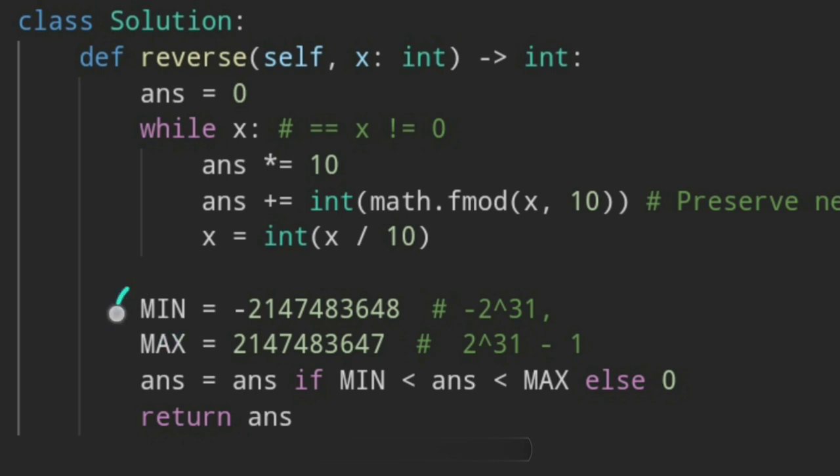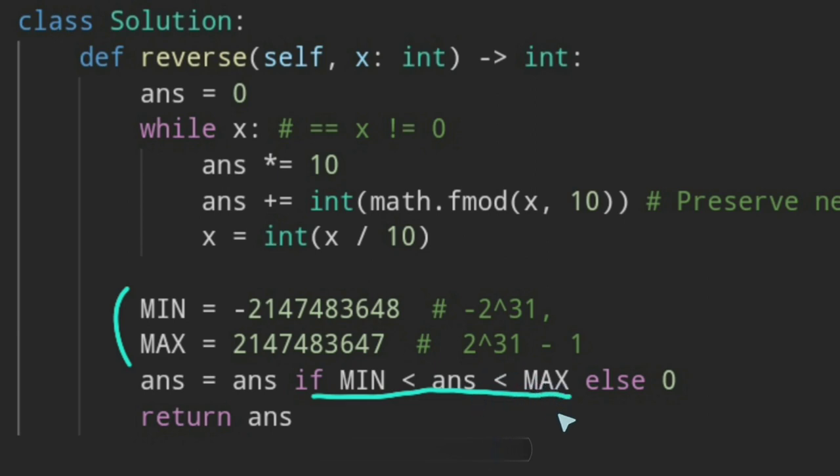Then we just compare the result to the minimum and the maximum. If the result is in the bound, this is another nice Python trick. You can check if a number is in a range in a single if. You don't need multiple ifs. You don't need if answer is bigger than min and answer is smaller than max.